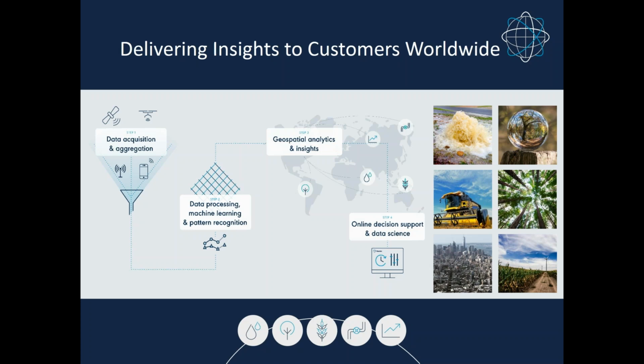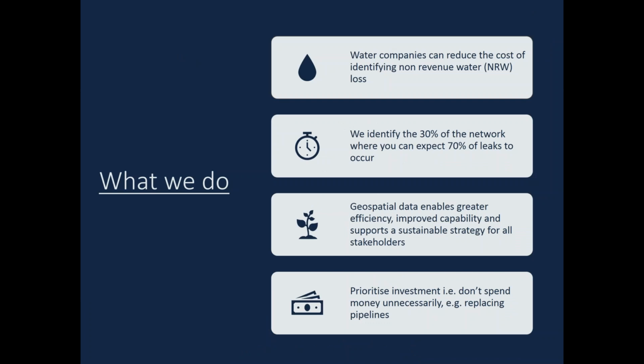Next slide, please. So as we are a geospatial analytics company, and the focus of what we're talking about here is water infrastructure, our proposition, and the conversation, has always started off with non-revenue water as the primary focus.